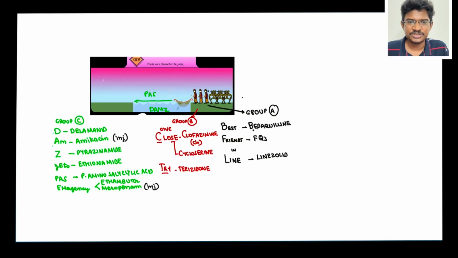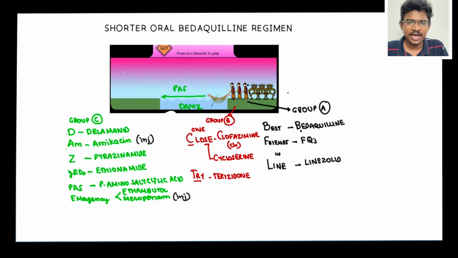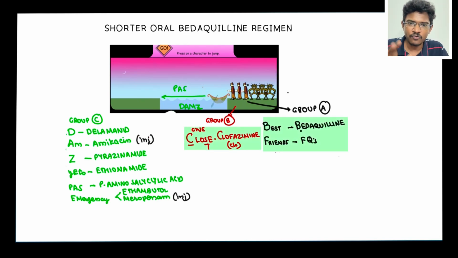Now let's see the three regimens. Everything has a logical explanation, so don't worry, just understand how we can frame each regimen. First, the oral regimen. Among the best friends line, first is oral bedaquiline, and the fluoroquinolone moxifloxacin can be given orally. Next, among the close try, clofazimine from group B. And in group C, what drugs can we give?